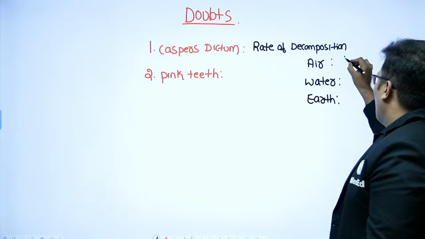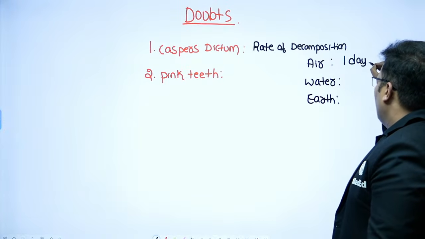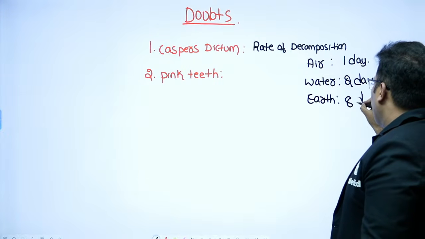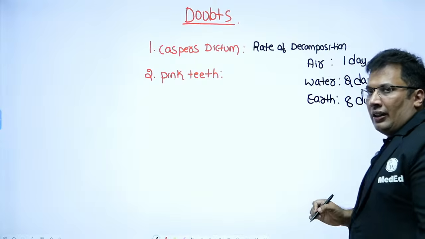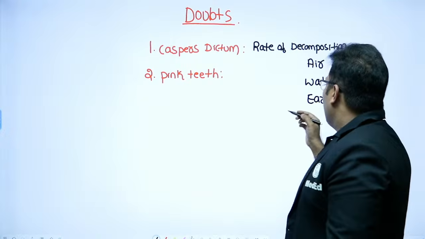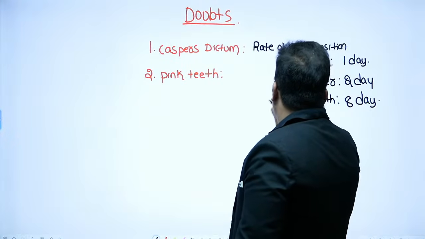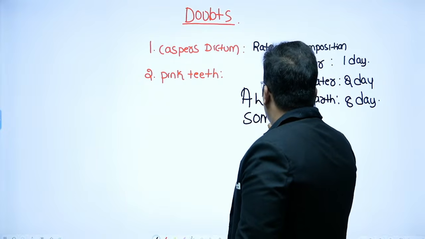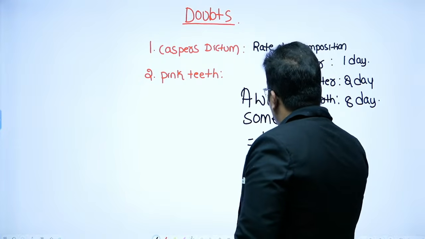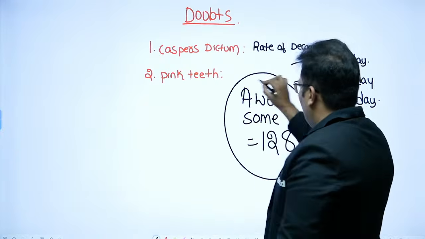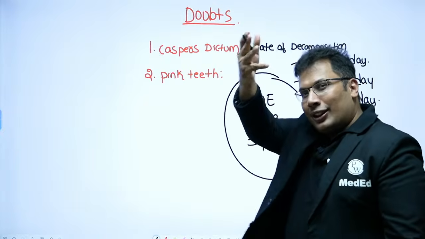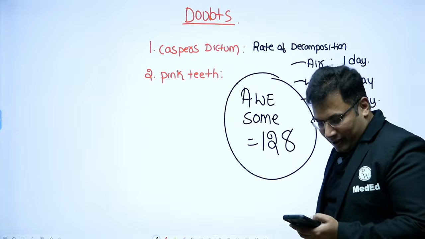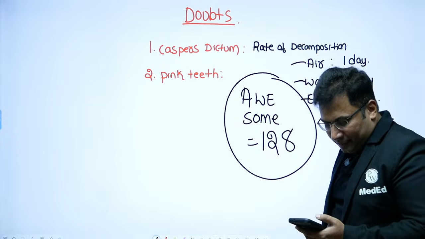In air it will take 1 day, for example, 1 day in air, 2 days in water, 8 days in earth, or in case of a buried body. You can remember it like this: AWE, awesome, awesome 128. So the mnemonic is awesome 128, Casper's dictum. You can write this in the chat box.